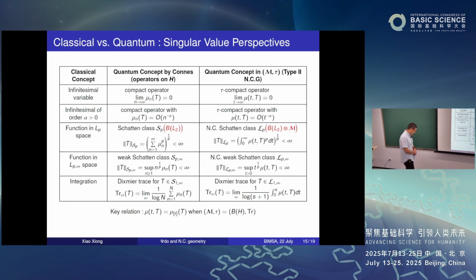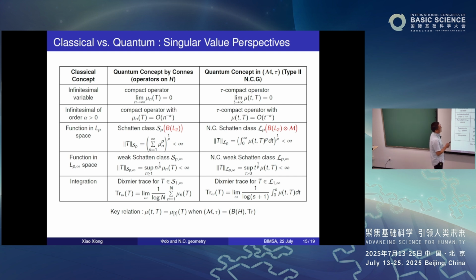Okay, so next, before moving to our result, I would like to give this dictionary about singular values of an operator. So in the very classical case, when we talk about infinite dimensional variables, we can measure the size by the order, and then the functions are in L^p space or in L^{p,infinity}, also called weak L^p.